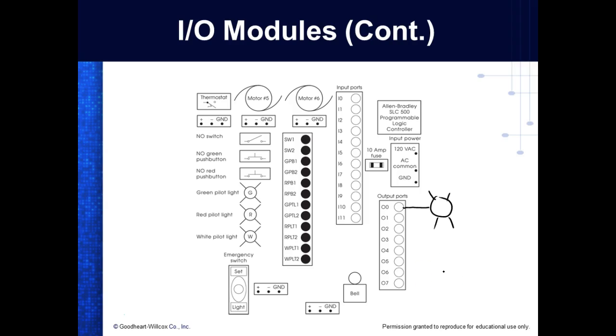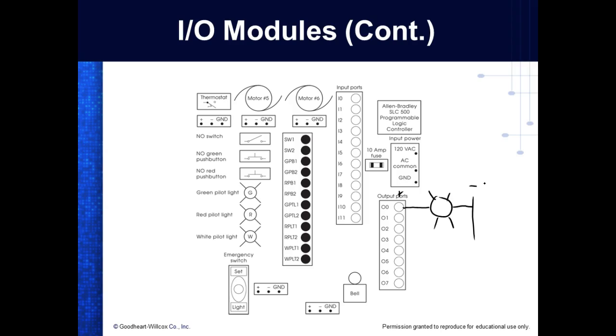Now, let's say it's DC, and this guy puts out a plus. Then over here, I would have to have my minus, right? Everybody okay? Huh? Can't switch DC polarity. Well, you can. This is what we call a sourcing output. Now, once you set it up, you can't.